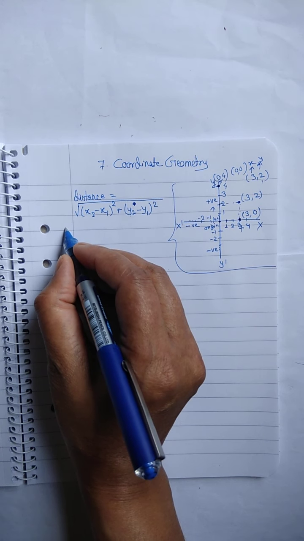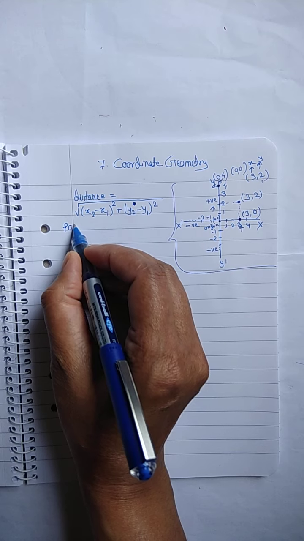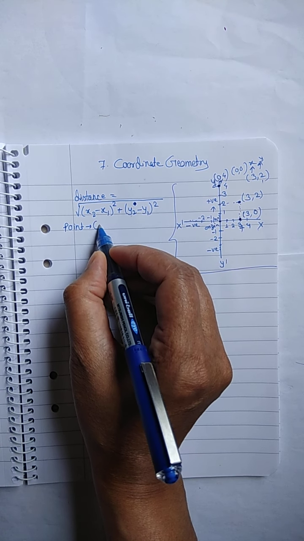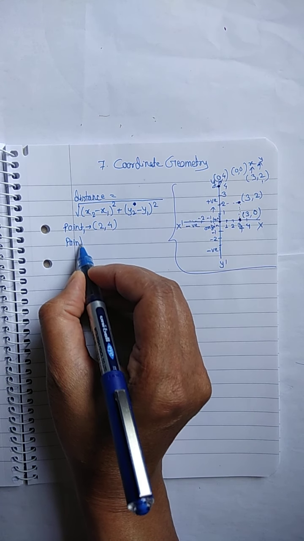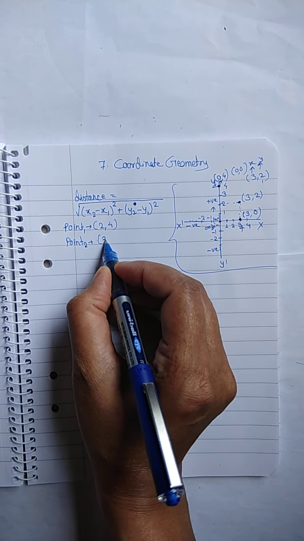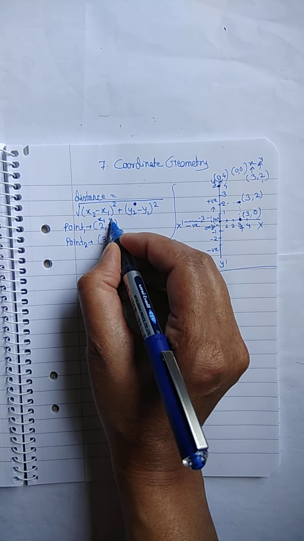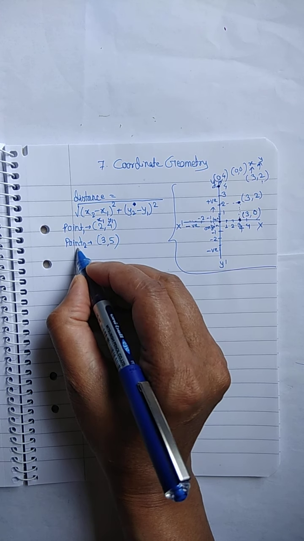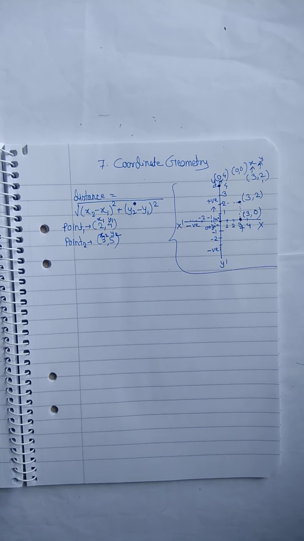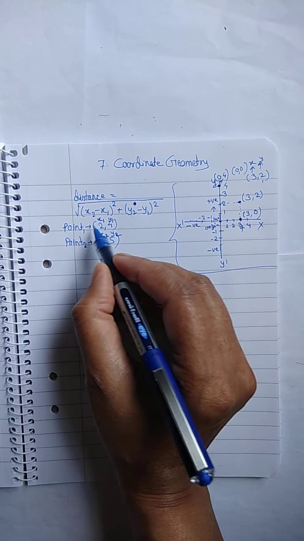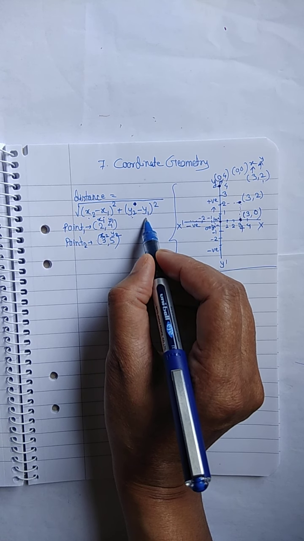These are the coordinates of the points. Let's say point 1 is 2, 4 and point 2 is 3, 5. So for point 1 these will be x1 and y1, and for point 2 these will be x2 and y2. Now you understood what x2, x1, y2, y1 are.